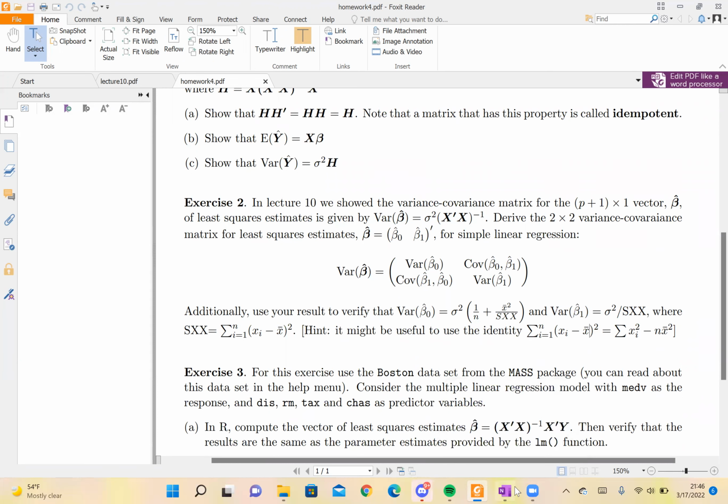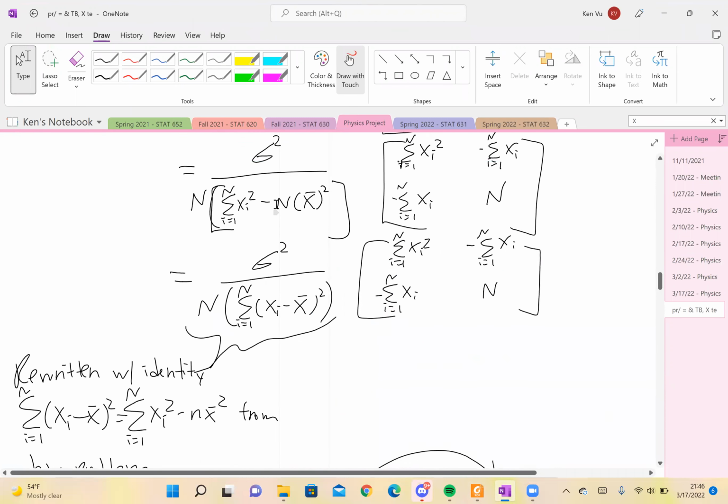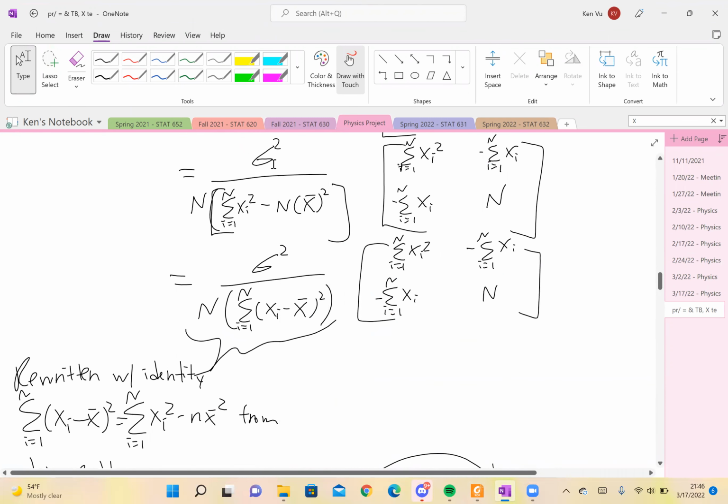Using this identity, which I rewrote here for convenience, you can rewrite the denominator below the sigma squared.